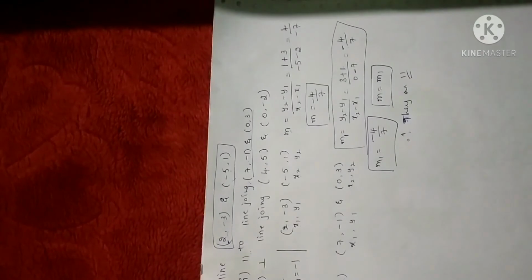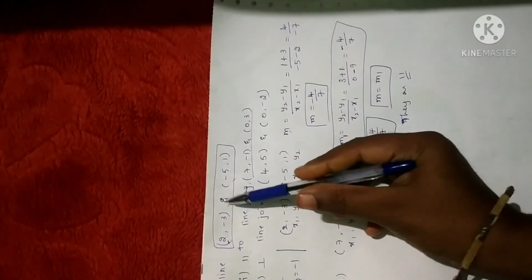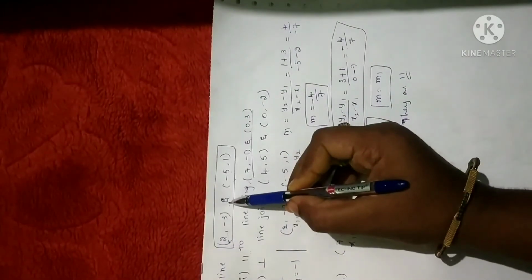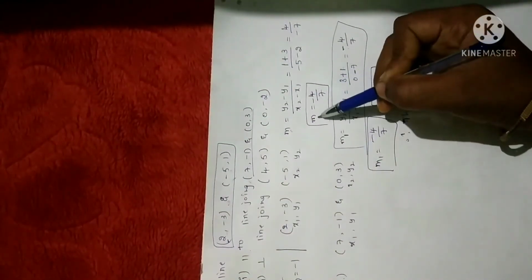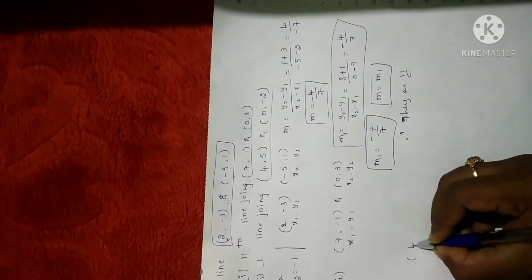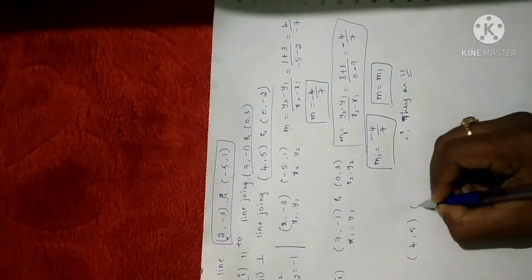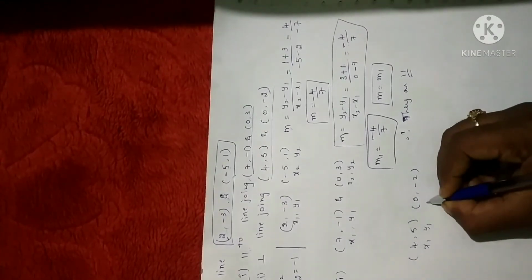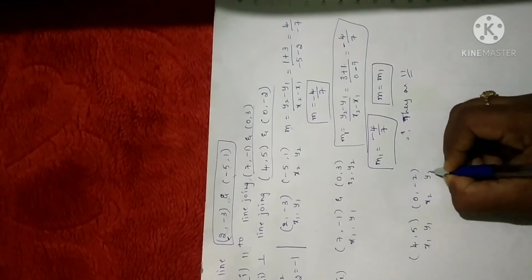Now the second sub question is we have to prove this line is perpendicular to the original line. Now I have already got the slope of the first original line as m. Now for the second line, let me find out the slope. First let me write down the coordinate points 4, 5 and 0, minus 2. Apply the same formula x1, y1, x2, y2.